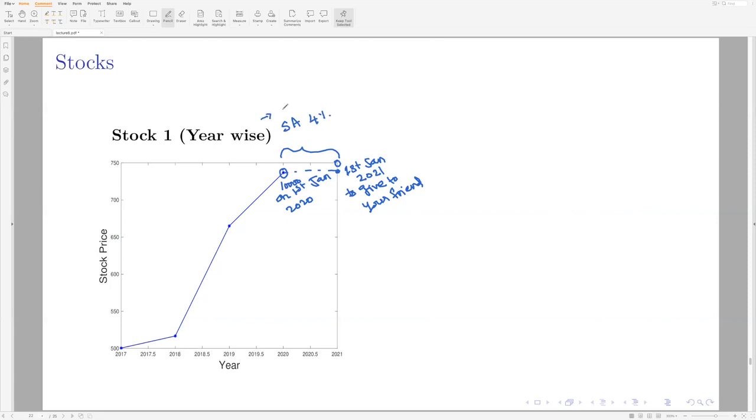First is just lock it. Second, you put it in a savings account which gives you 4%, or you can put it in a bond which gives you 6%. Or you can also put it in this stock. Now if I ask you what is the better choice among these four, obviously locking it is not a better choice.